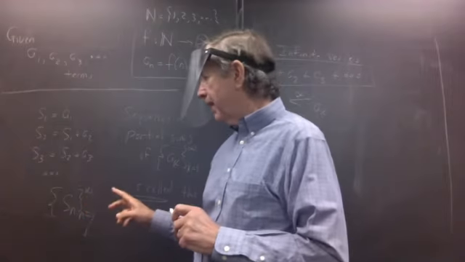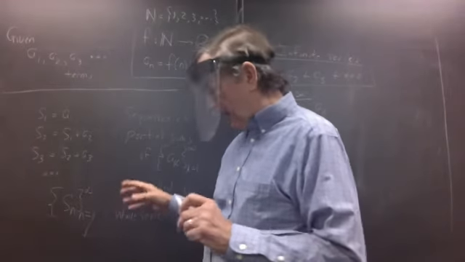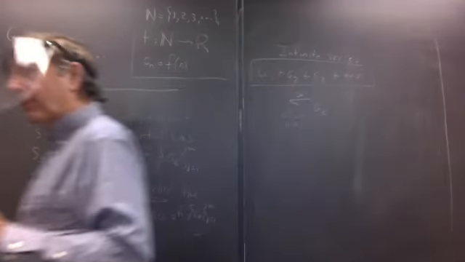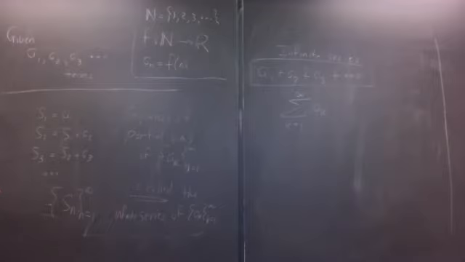Okay? Now, there are a couple of problems that come up because in this new series, the S's are now the terms of the new series. And so a series has two sets of terms.